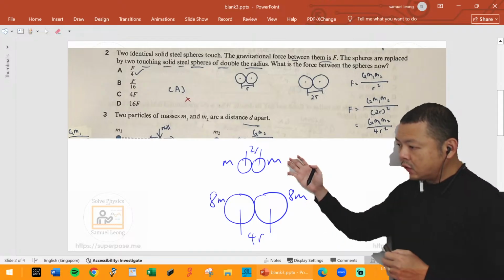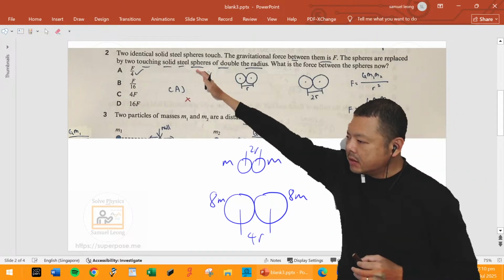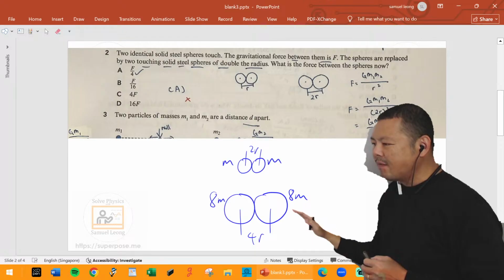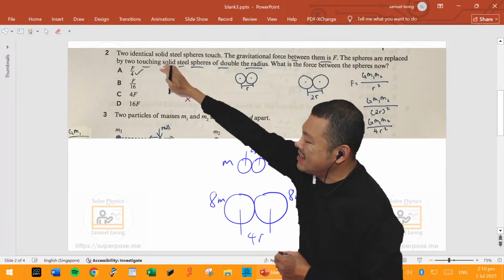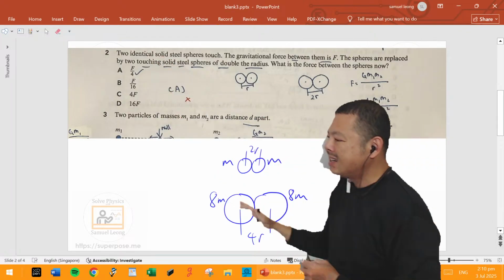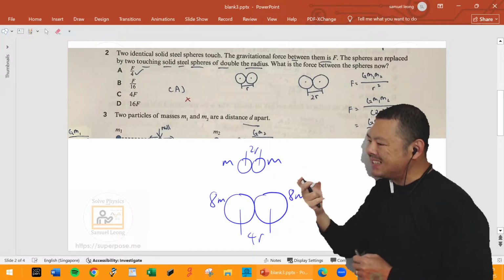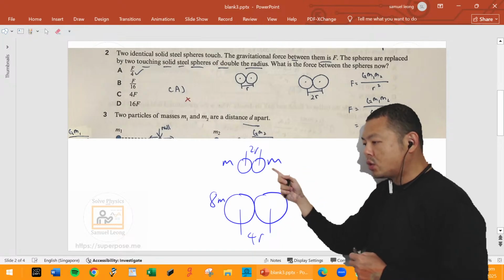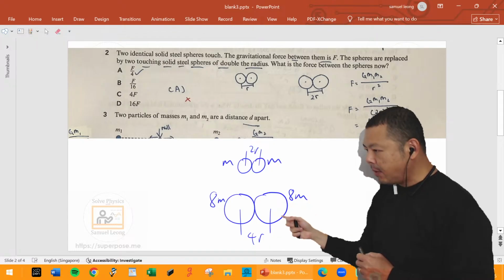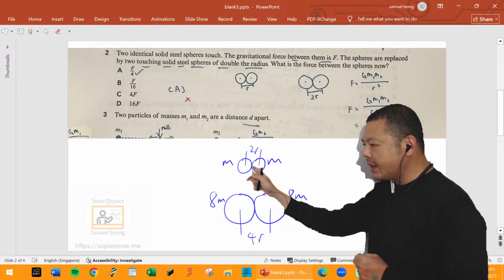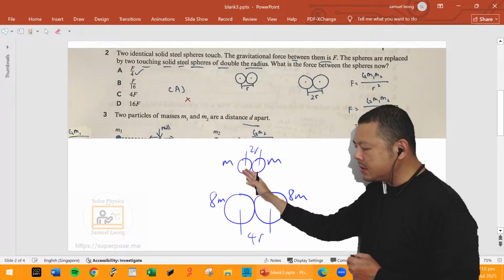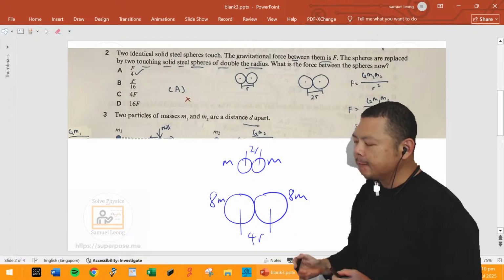Okay. So it's still the same steel, but you increase the volume. These are solid steel spheres. These are not hollow. They're made of complete steel. So if you switch it out for a bigger steel ball, then you need to figure out how many more times the volume has increased. This is math.